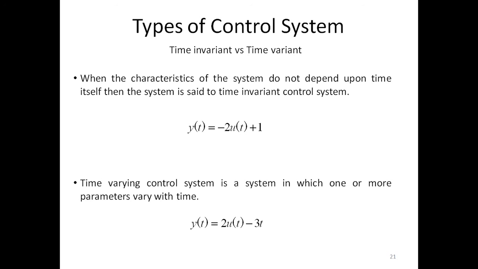Whereas a time varying control system is a system in which one or more parameters vary with time. So y of t is equal to 2u of t minus 3t. In this case 2u of t is independent of time, but the second quantity, minus 3t, depends on time, so the whole y of t depends on time. So we can easily comment that this equation is nothing but a time varying control system equation.